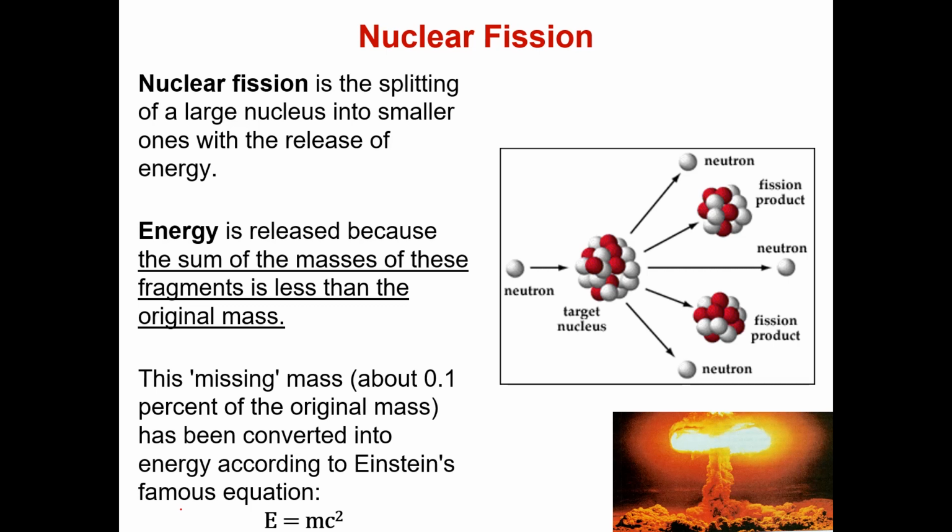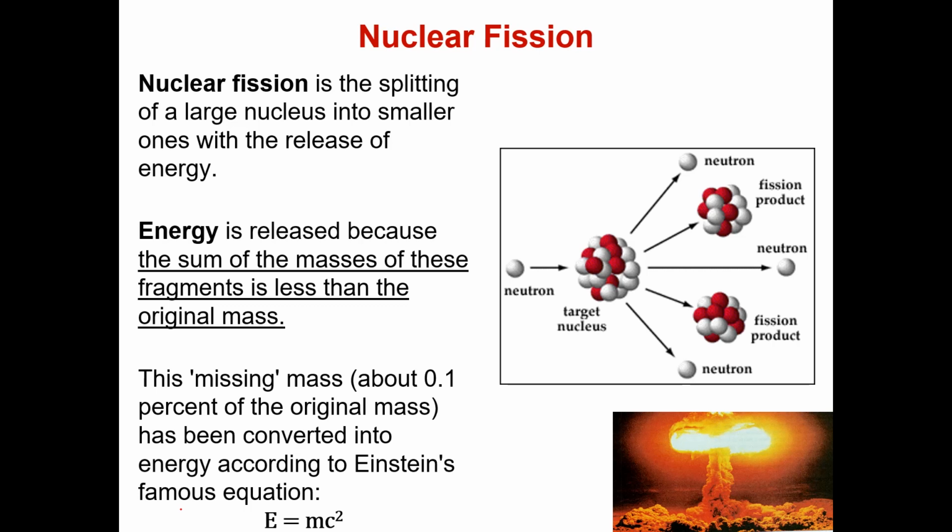So we can convert between matter and energy, we just can't create or destroy matter and energy. It has to go somewhere. In this case, the matter turns into energy. So the missing mass, which in a lot of cases only accounts for about 0.1%, has been converted into energy. And we can actually determine the amount of energy using Einstein's equation, E equals mc squared.